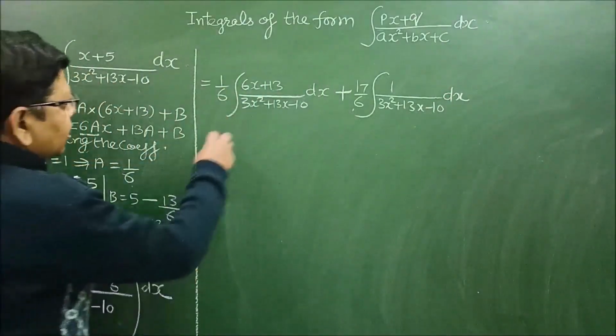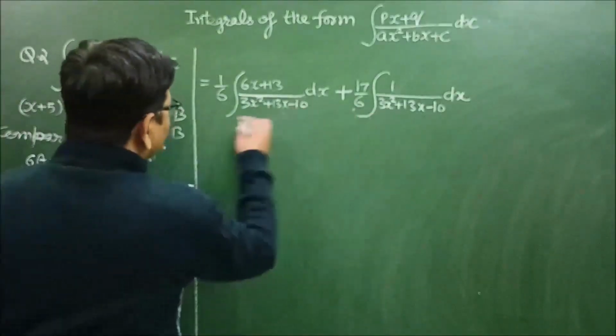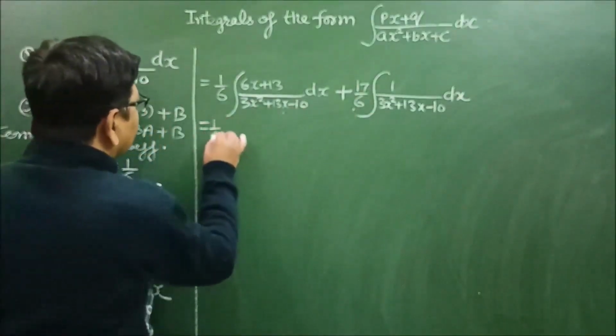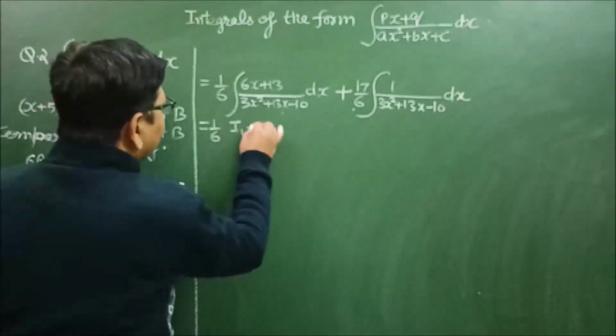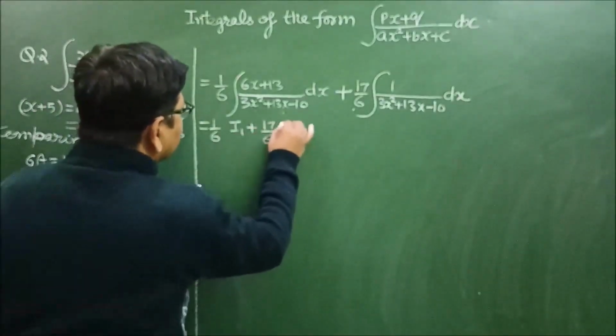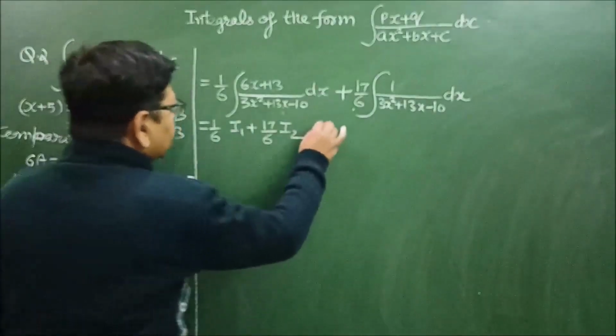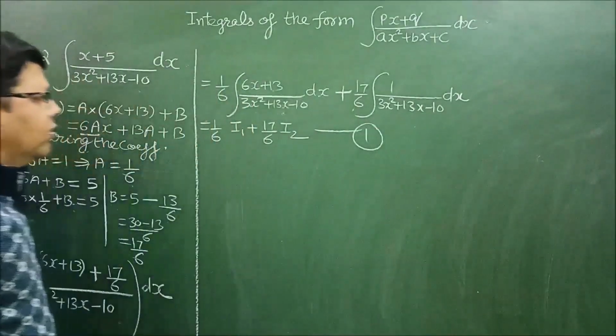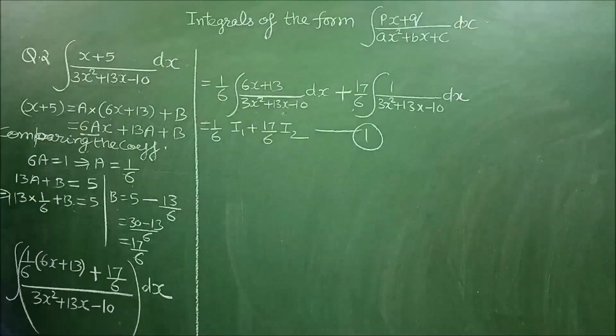Now let this integral be I1 and the other be I2. So we can write this is equal to 1/6 I1 plus 17/6 I2, number 1. Now let us solve the two integrals separately, I1 and I2.